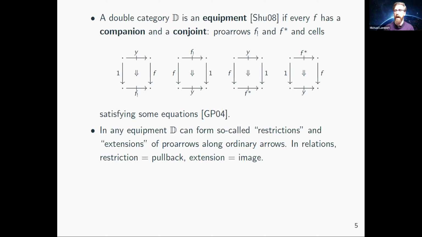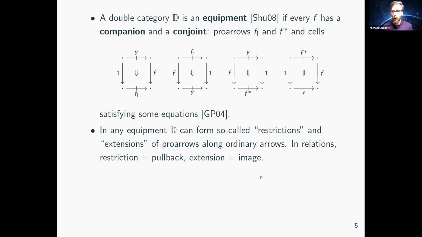They come about as so-called restrictions and extensions of these little niches and co-niches, where you're essentially composing these base change cells in a specific manner.